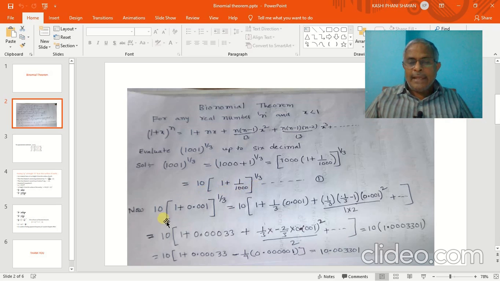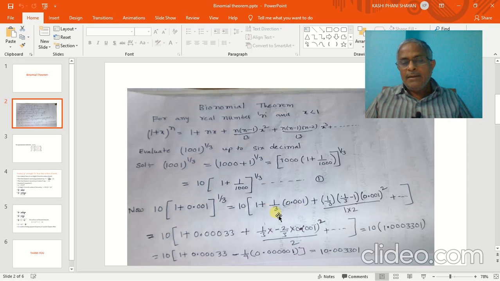Now 1 by 1000 means 0.001, so 10 into (1 + 0.001) to the power of 1 by 3. Now we are expanding using the binomial theorem. You observe (1 + x) to the power of n: 1 plus nx, where n is 1 by 3 and x is 0.001.